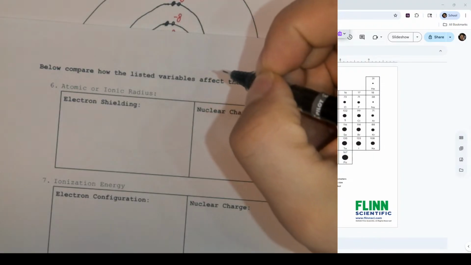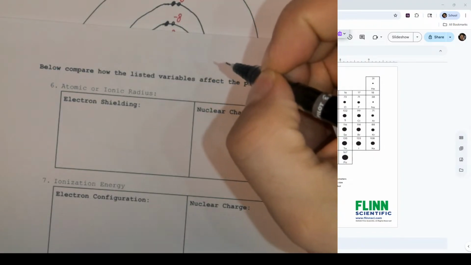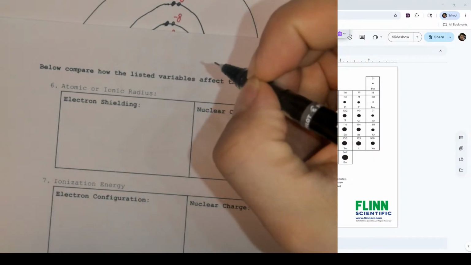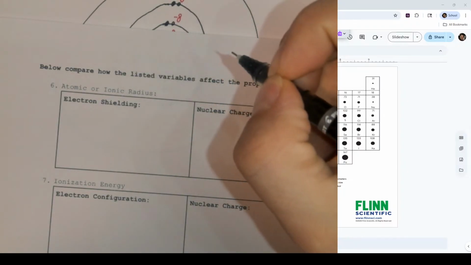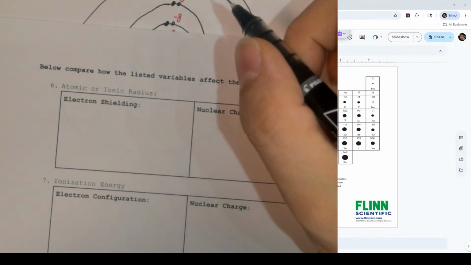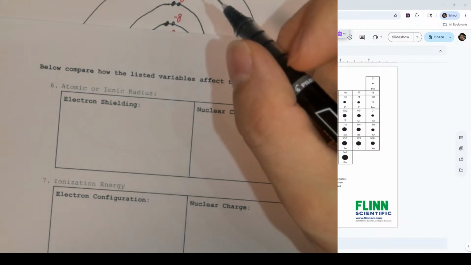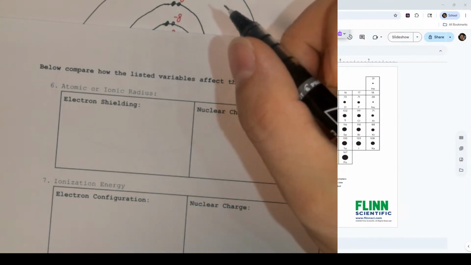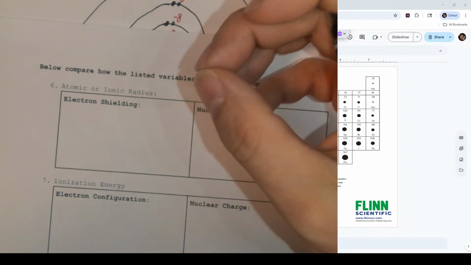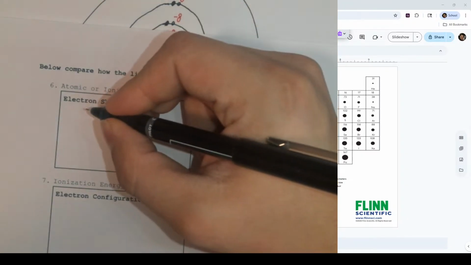We're not really concentrating on that right now. We're more working on how to identify the differences between atomic and ionic radius and the interatomic forces that are dealing with that.